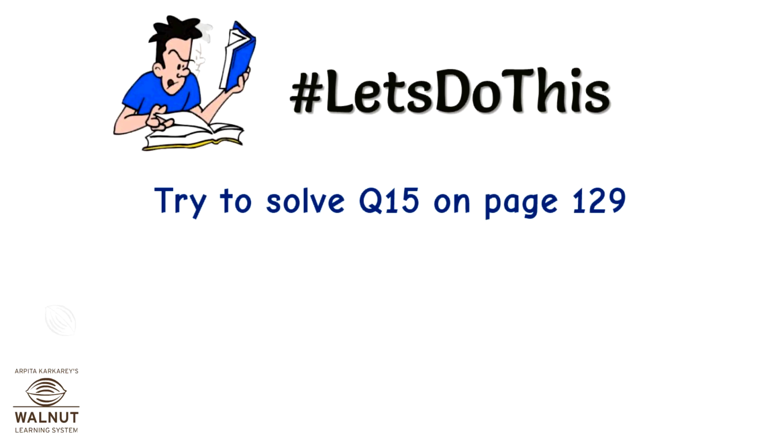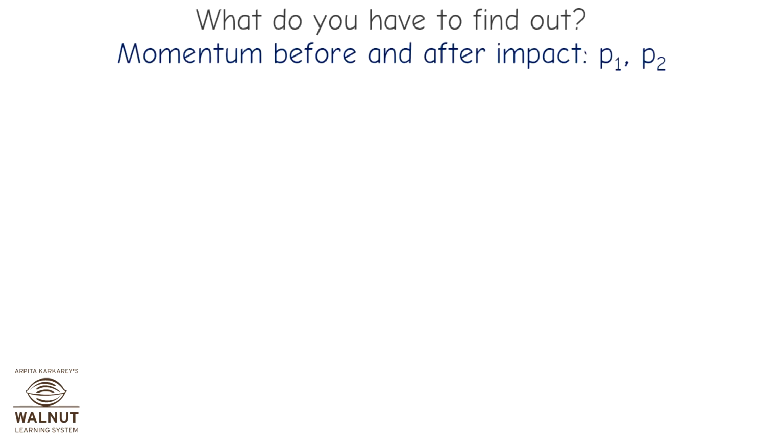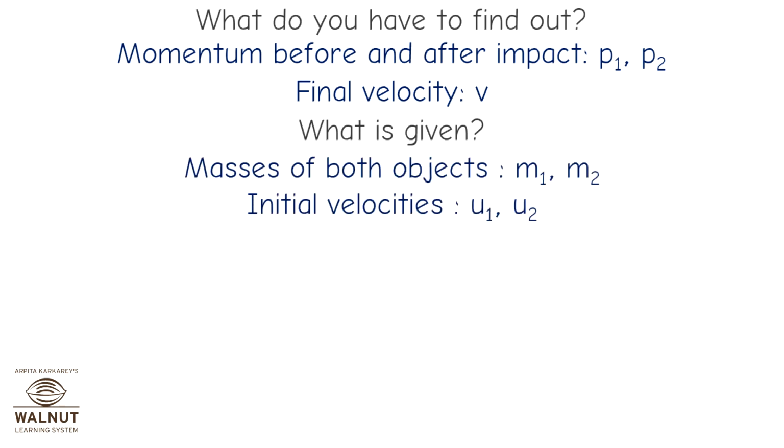Let's do this. Try to solve question 15 on page 129. What do you have to find out? Momentum before and after impact, that is P1 and P2. Also, final velocity v. What is given? Masses of both objects m1, m2.